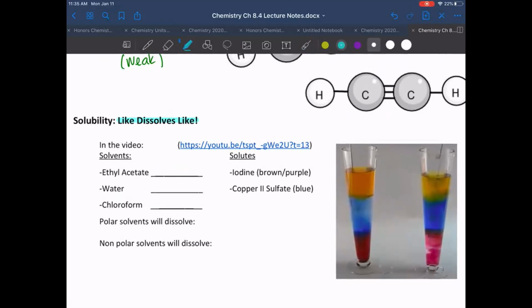I'm a very visual person. And so describing kind of the parts that you'll see in this video. You will first see that you have 3 different solvents. Ethyl acetate is nonpolar. Water is polar. And chloroform is nonpolar.